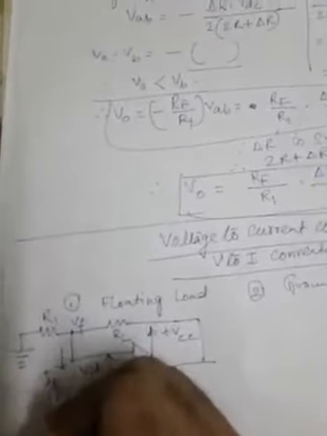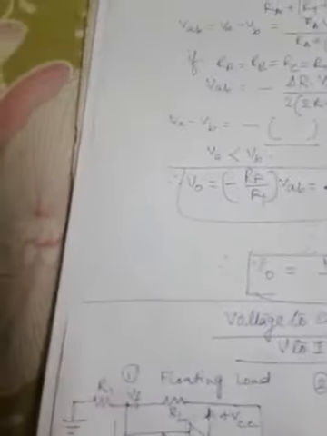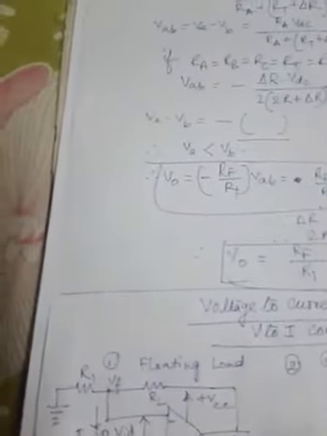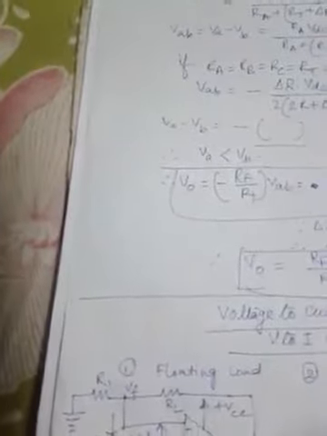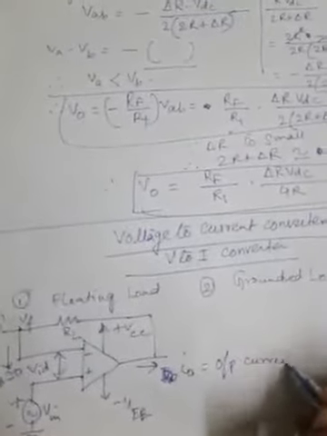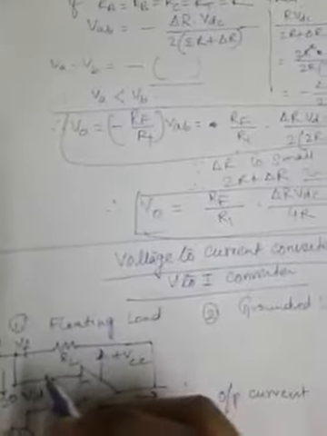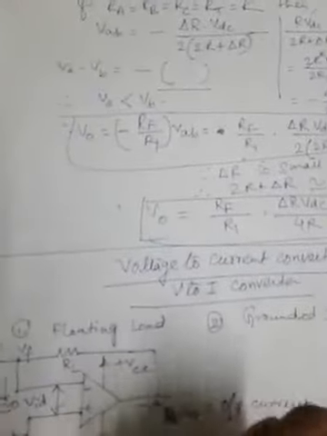And IB, the input bias current into the op amp, is equal to 0, and the output current is denoted by IO. Let it be small IO. This is the output current, and the IO will be flowing in this direction.